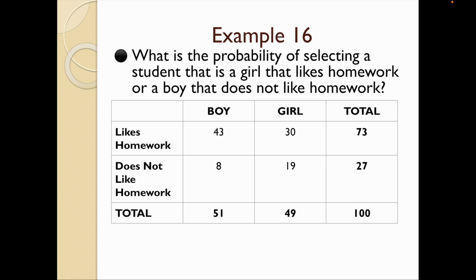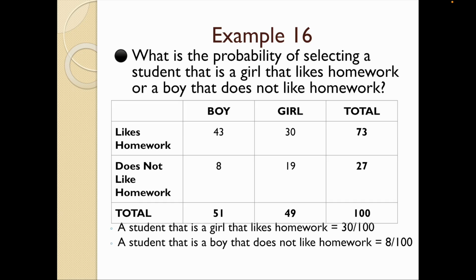Because I read the question, selecting a student that is a girl that likes homework or a boy that does not like homework. So I added 30 from the girls who like homework and 8 from the boys that don't like homework. Correct. The student that is a girl that likes homework is 30 out of 100. A student that is a boy that does not like homework is 8 out of 100. So when we add those together, we get 38 out of 100. Does that make sense? Good. All right. Everybody got that.